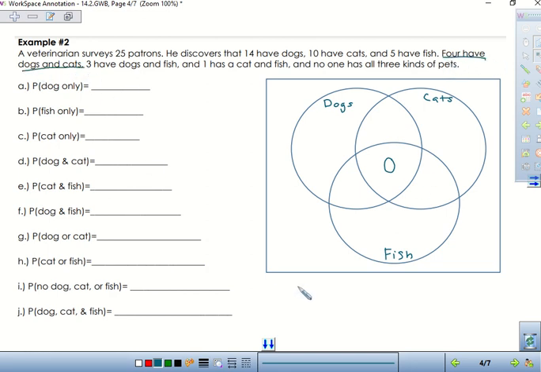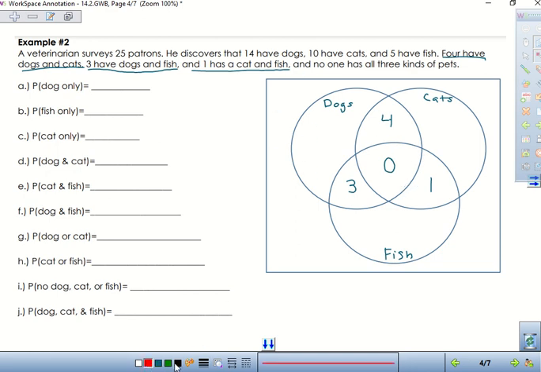So where am I going to put that? The top middle. Yep, middle. 3 have dogs and fish. Where's that going to go? Bottom left. Yep. And lastly, 1 has a cat and a fish. Good. Now, what you're going to notice is how many numbers are already accounted for in the dog section right now? 7. So keep that in mind.